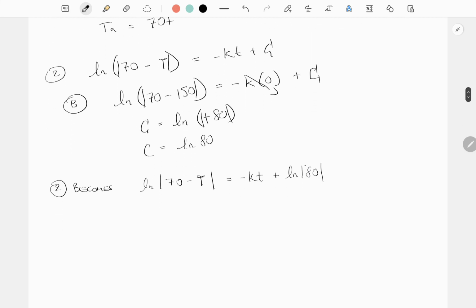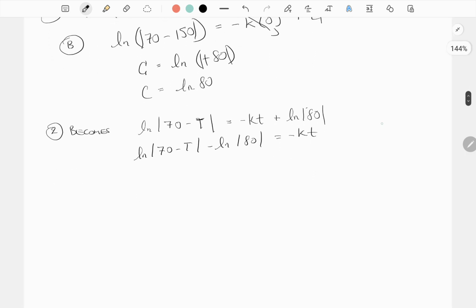Now to simplify this, I'm going to bring the ln 80 over to the left-hand side. So what I have is ln of 70 minus T, minus ln 80, is negative KT. If we remember our ln rules, ln A minus ln B is ln A over B. So what we have is ln of 70 minus T over 80 equals negative KT.